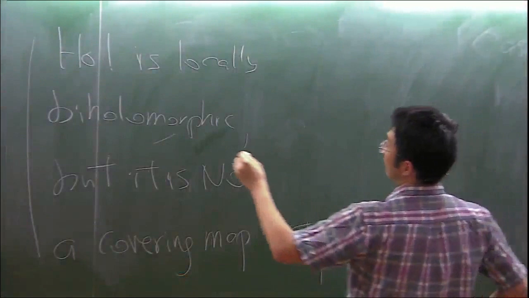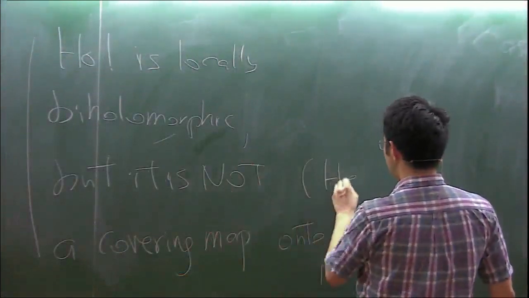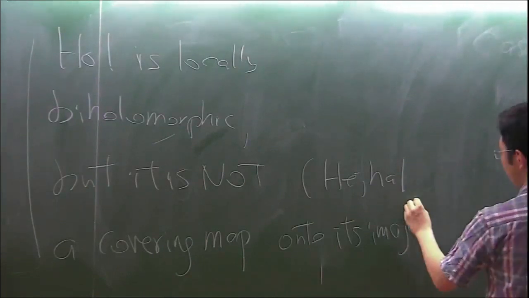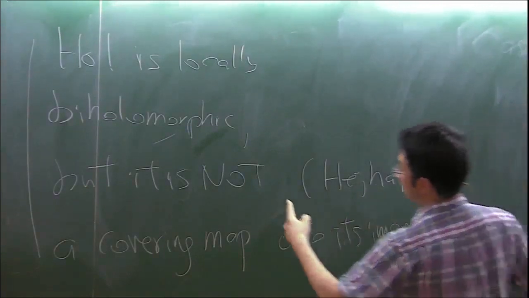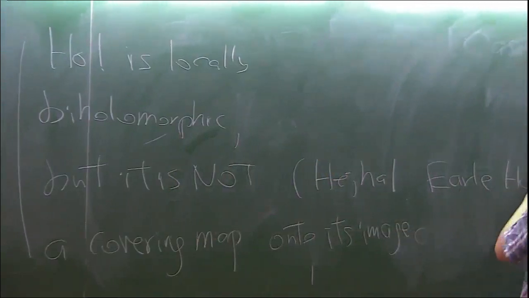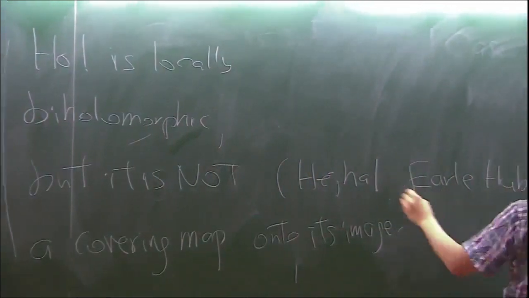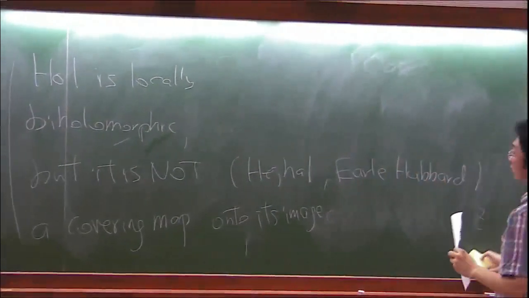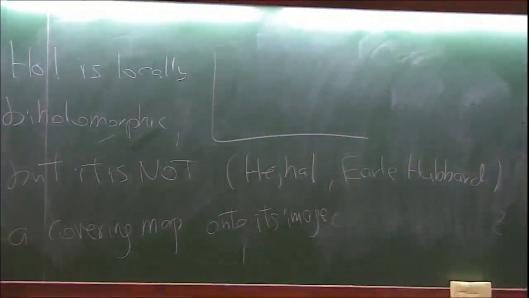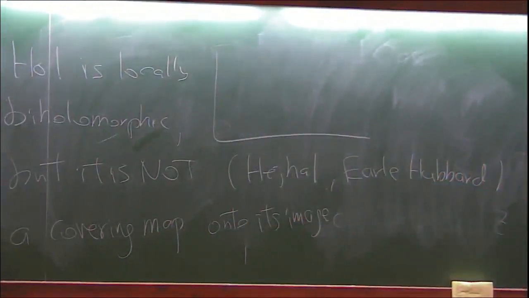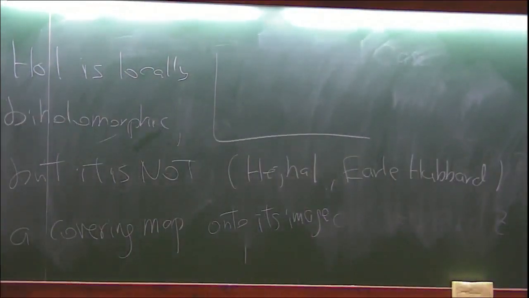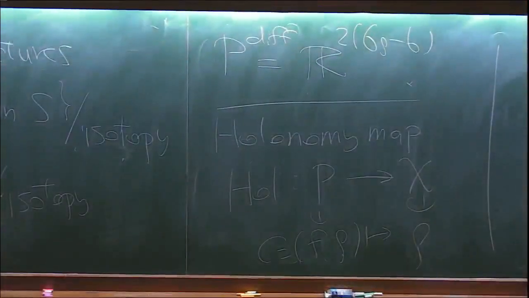Okay, so this is due to Hejhal, I think, in 75, and the biholomorphic part is, I think, Earle and Hubbard. So in particular, the theorem we saw at the beginning tells the image of this holonomy map.